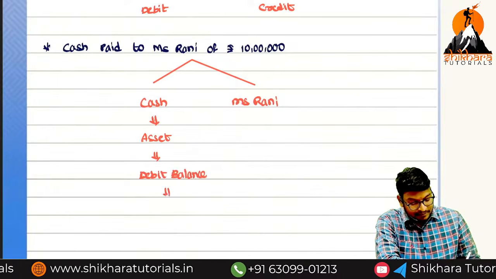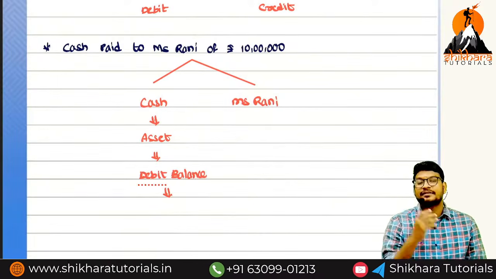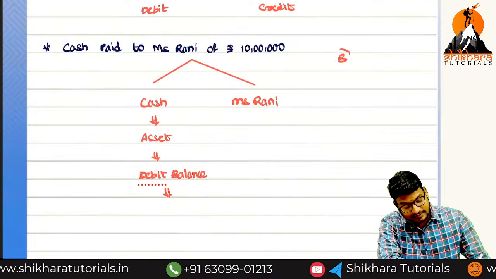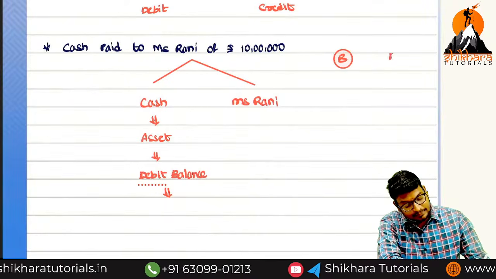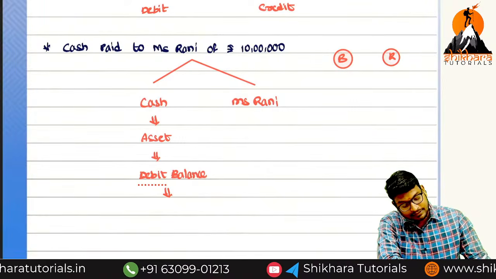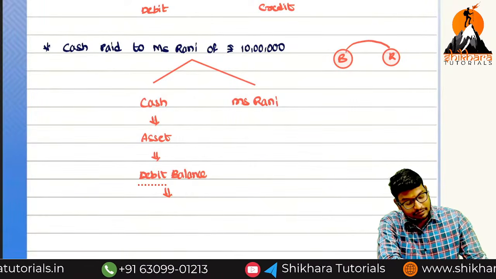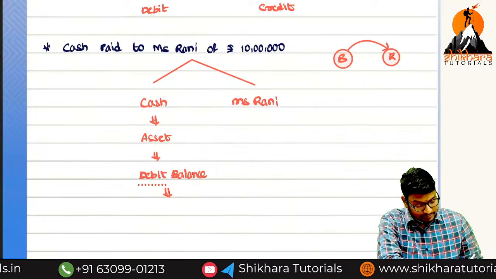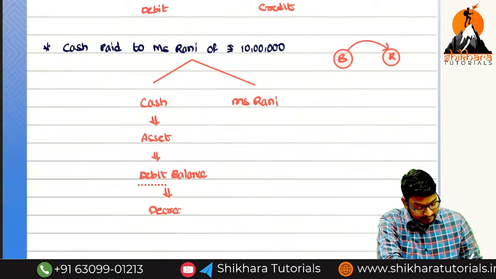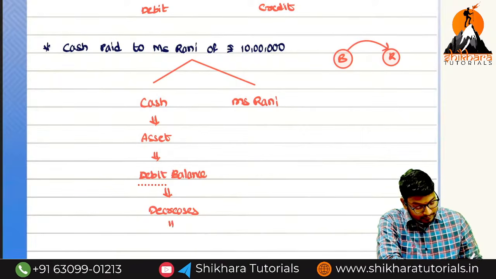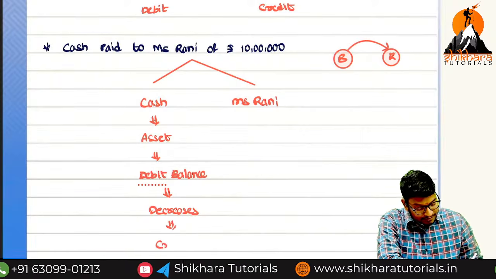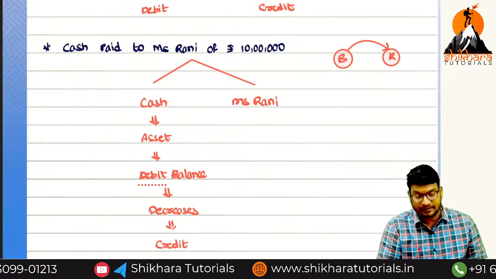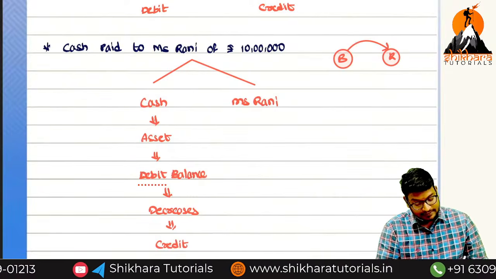Now, we are paying cash to Miss Rani. So let us imagine this is a business and the particular person is Rani. We are paying cash to Miss Rani. That means cash comes in or goes out? Goes out. The value will decrease. So if the debit balance decreases, what do we need to do? Credit. Okay guys?